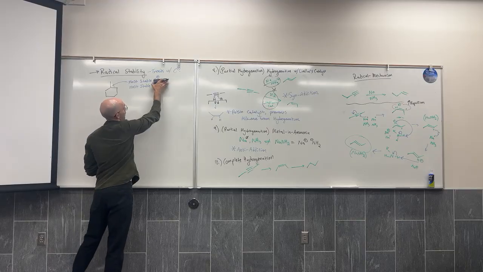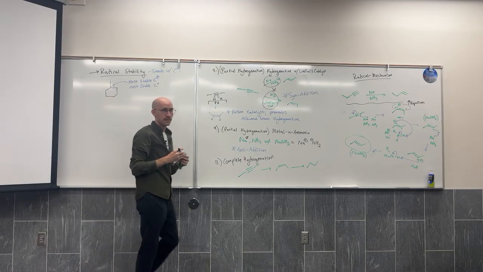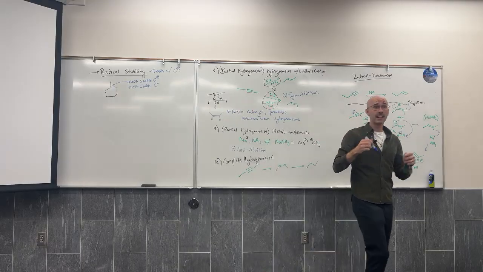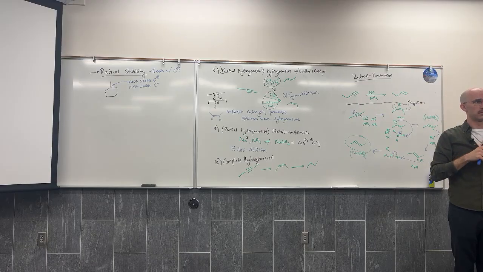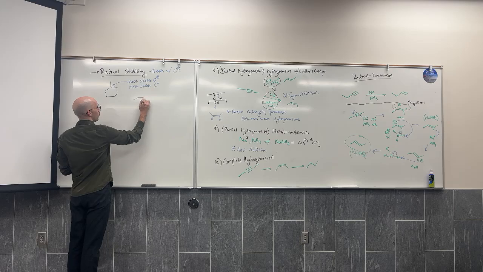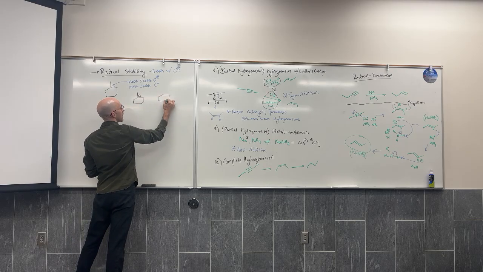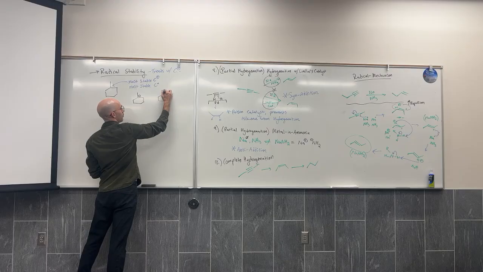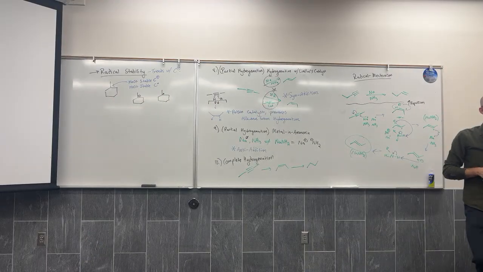Well, I'm not, because I don't like the way it looks. Carbocation, I've been abbreviating as C+. Carbon radical, carbon C dot. So our most stable carbocation would have been this tertiary carbocation. Our most stable carbon radical is this tertiary carbon radical.